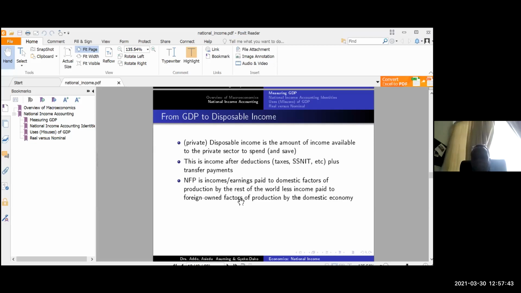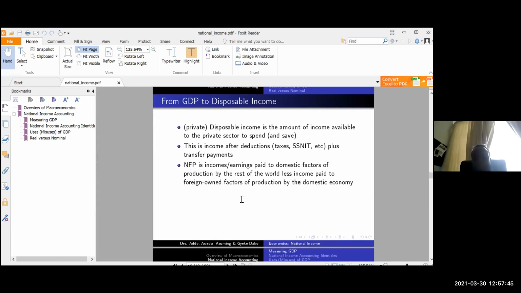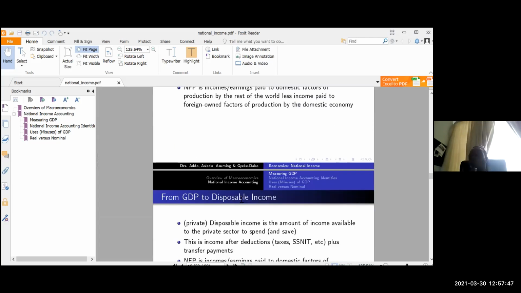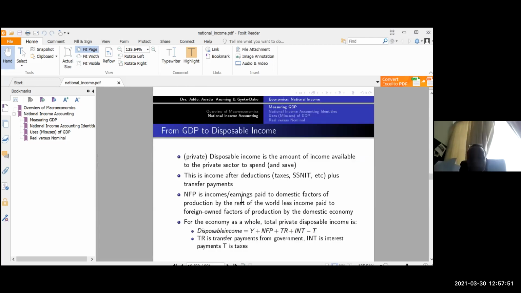All right, so now just work with me, try and work through this. From the economy point of view, for the economy as a whole, total private disposable income will be given by what? It will be given by the Y that we have, which is the GDP or the GNP, the income that we have.